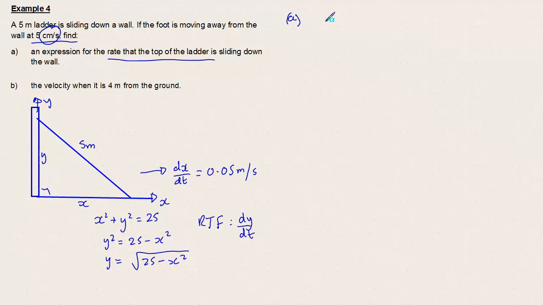So, applying a chain rule, dy/dt, which is what we're trying to find, is going to be dy/dx, which we can find because we have an expression for y in terms of x, times dx/dt, which we know. So, let's first look at the fact that y is (25 take away x squared) to the power of a half.